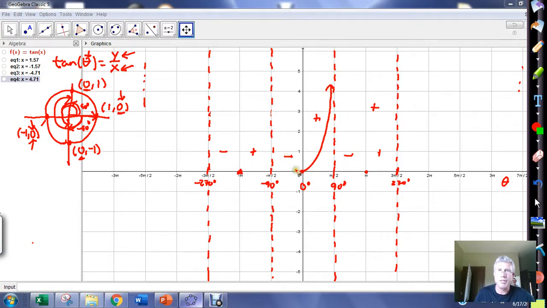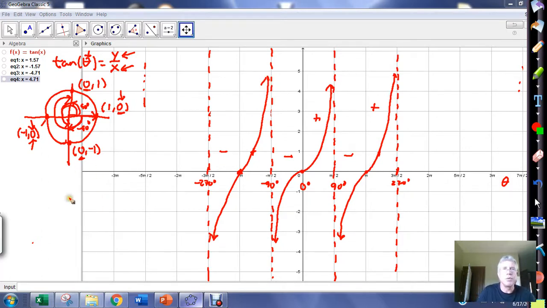And because it's negative here, I would expect it to sweep down along its asymptote. Positive, negative. So based on what I know about asymptotes, I'm expecting the tangent function to do something like this, but I think we can justify that it's going to have that type of behavior.